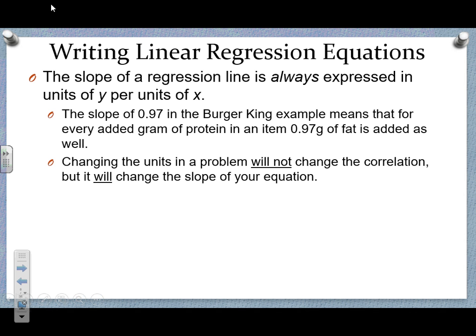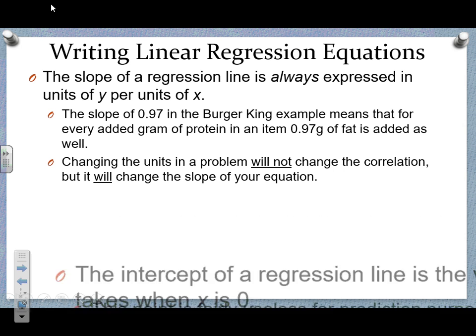But the slope of your equation will, which means the y-intercept of your equation will. So changing units, adding or subtracting values, multiplying or dividing values to a data set, all are going to affect your regression model. They won't change correlation at all, but they will affect your equation. So any change you make to the data is going to affect what you do with your regression line.